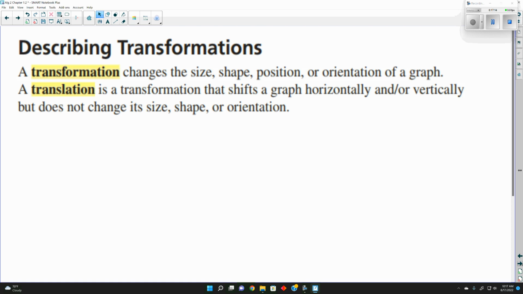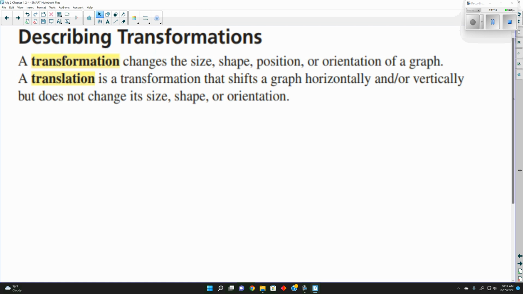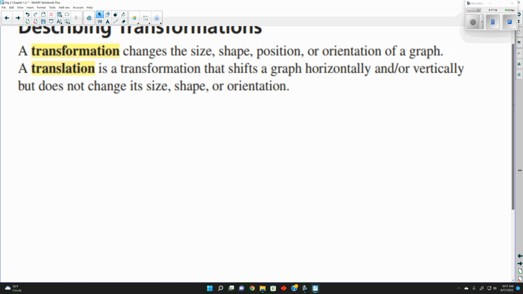It's a transformation that shifts the graph horizontally or vertically, but does not change its shape, size, or orientation. Does not change shape, size, or orientation. So, for a linear function, y equals x is our linear function.